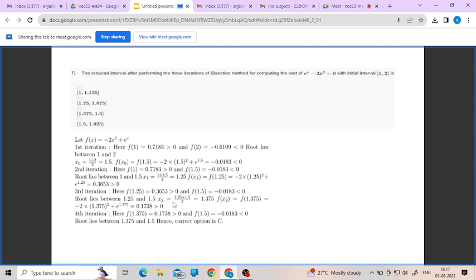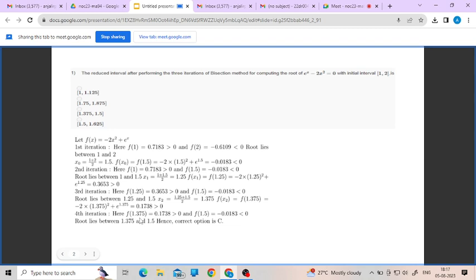Here you will get a positive value of the function. So at 1.375 you will get a positive value, and at 1.5 you will get a negative value. So by using bisection method, after 3 iterations, the root will lie between 1.375 and 1.5. Fine. I hope it's clear to everyone.